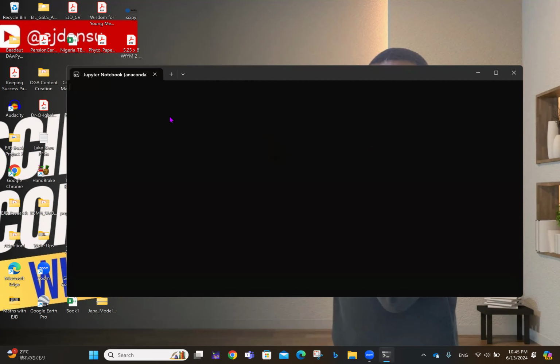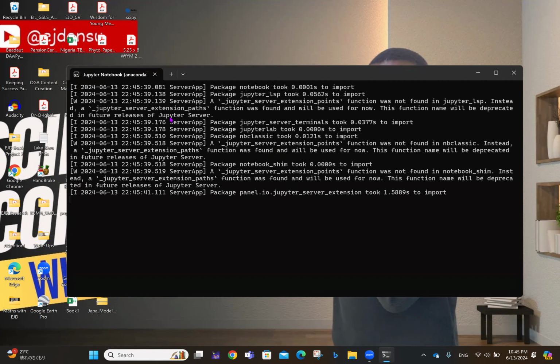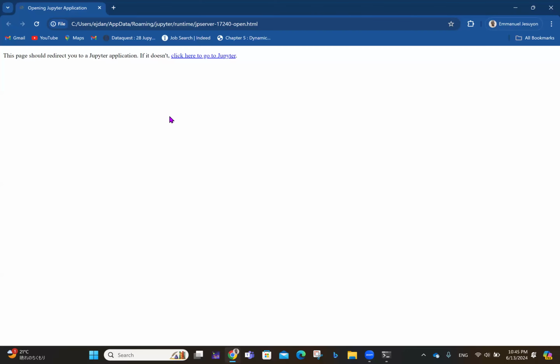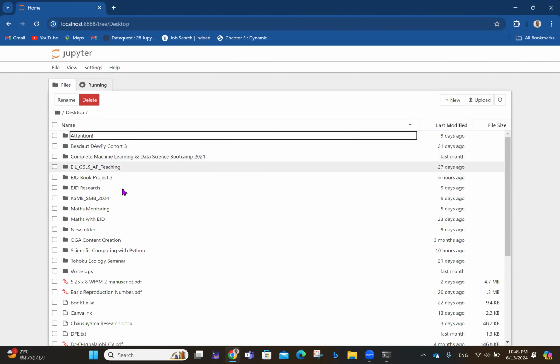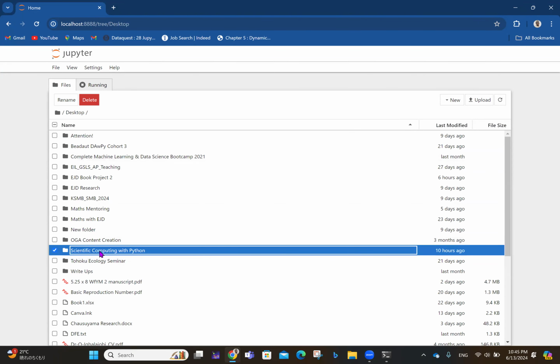Since you're talking about scientific computing, this is more like the core Python library for that. Okay, so let's see how that goes.